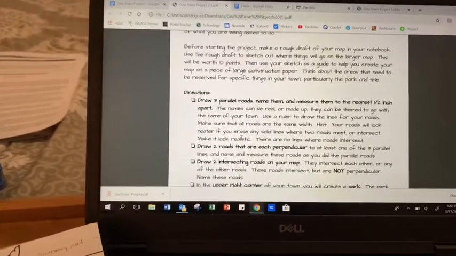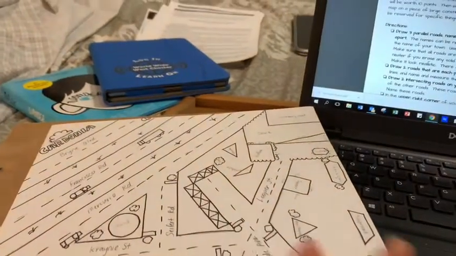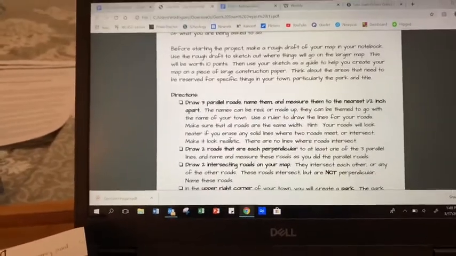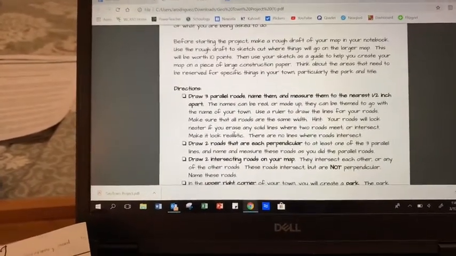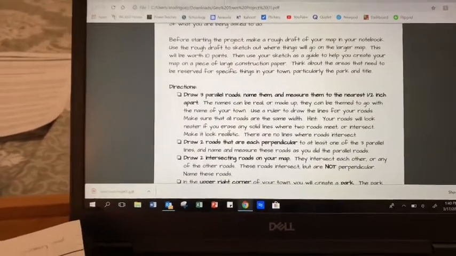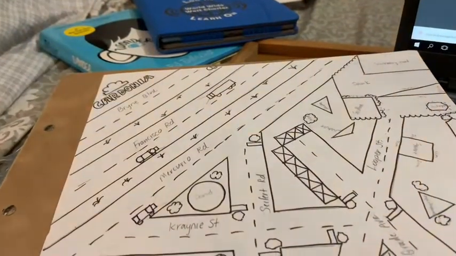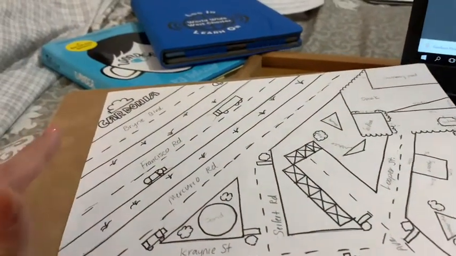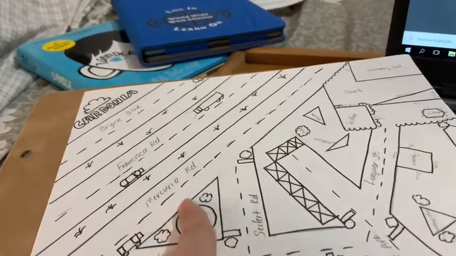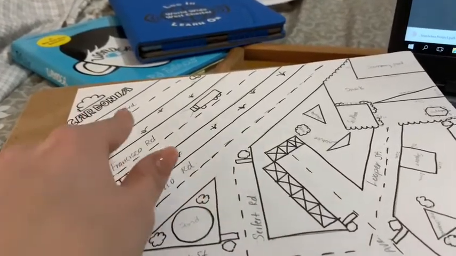However, it does need to be neat, only because we want this to be our final product where we have some neat lines, and it connects back to our geometry, which we know in class we've been talking about parallel. Students should have an understanding that those are lines that are next to each other where they do not meet. So here I have my 3 parallel roads, which I've named Mercuria Road, Francisco Road, and Byrne Boulevard.